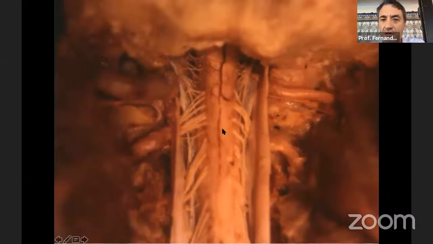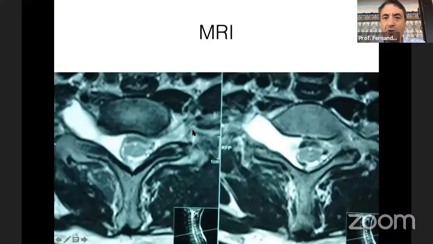We can observe here the spinal cord and the intradural part of the spinal nerves. The ganglion is located here, and most lesions of the brachial plexus are not properly brachial plexus lesions, but are spinal preganglionic nerve lesions. This is the MRI image of a preganglionic brachial plexus injury.